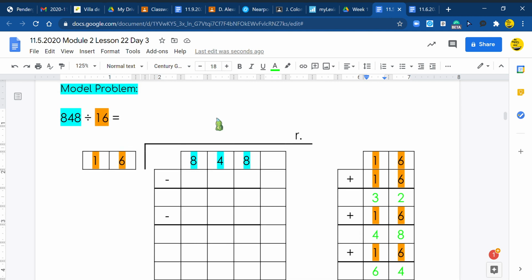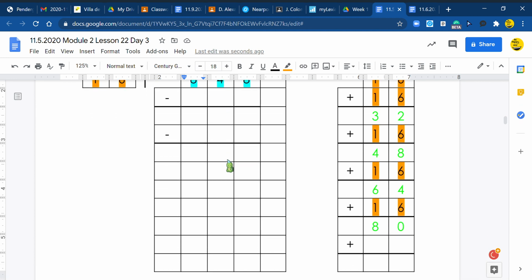So please remember that in our quotient, we're getting the number by how many 16s we use. So here we go. Are you guys ready? This is exciting. So 16 into 8, we already know we're going to put a 0 because it's one digit. So now we're going to look at 16 into 84.